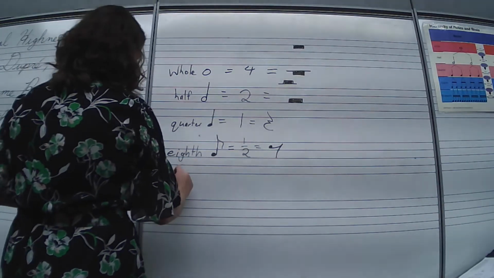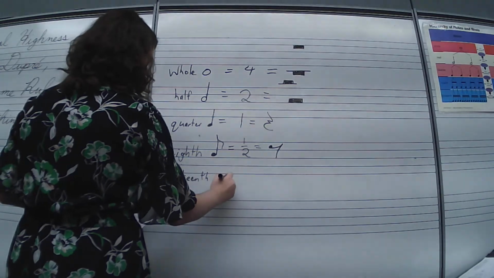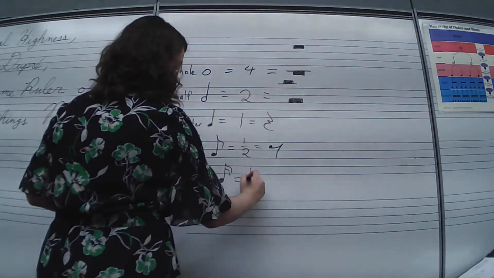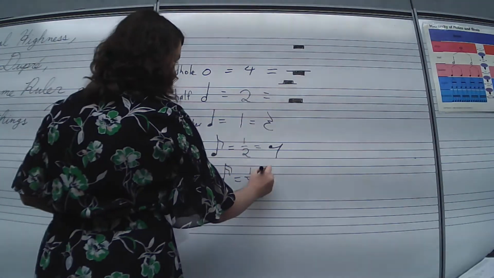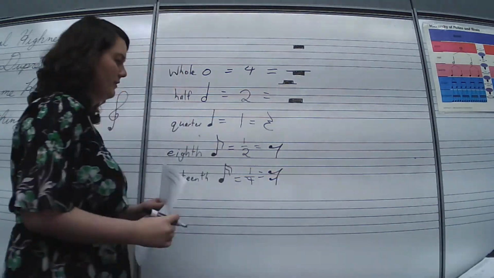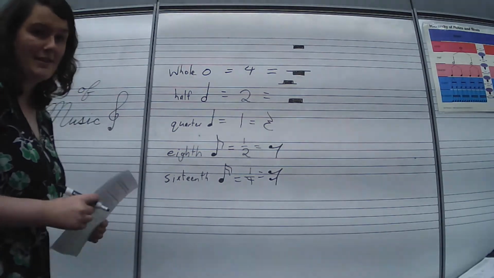Then we have 16th note. That is a quarter of a beat because you fit 4 of them into 1 beat, quarter note. And then that looks like that. So the 8th and the 16th, they start the pattern. And then that pattern is going to be the same the whole way through.